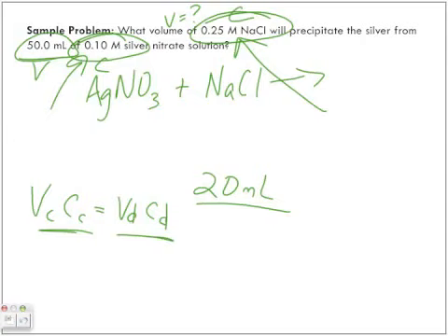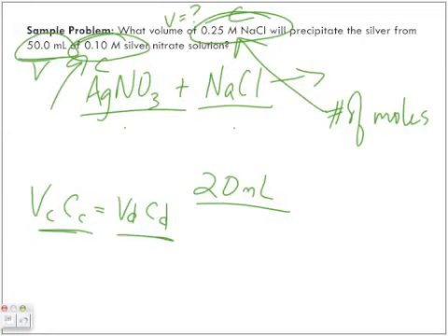We need to use stoichiometry in order to figure out the number of moles of sodium chloride that we're actually going to be using in this solution when we're mixing that with that. We're comparing two different solutions that we're putting together. In order to do that, we have to figure out the number of moles.